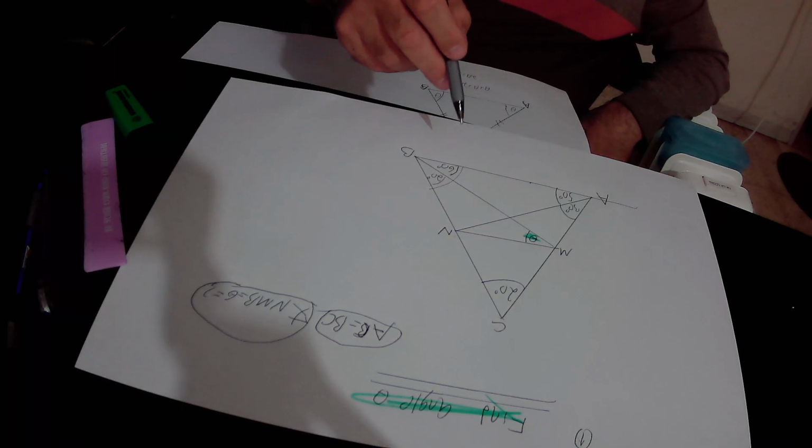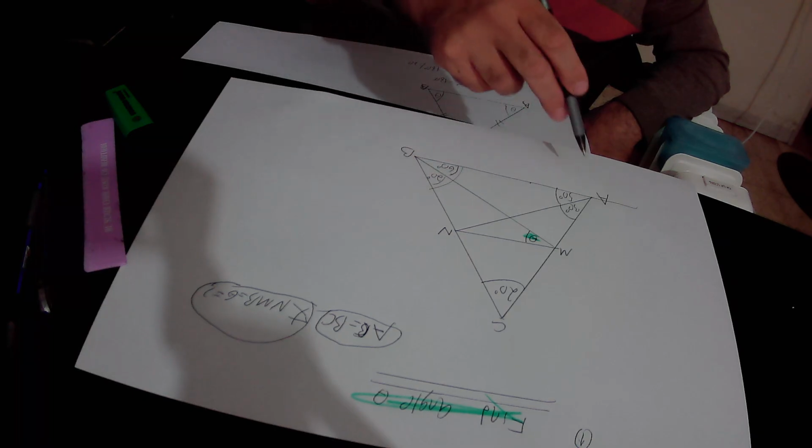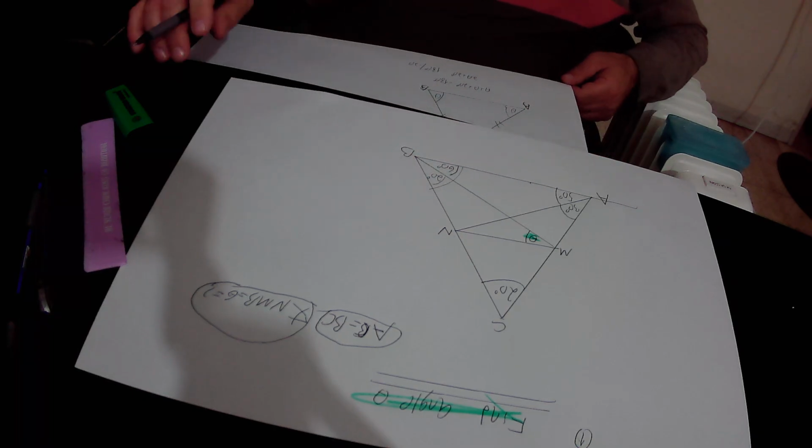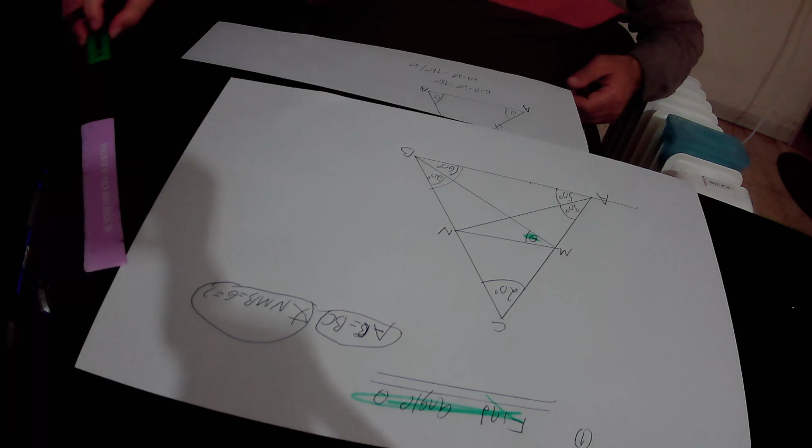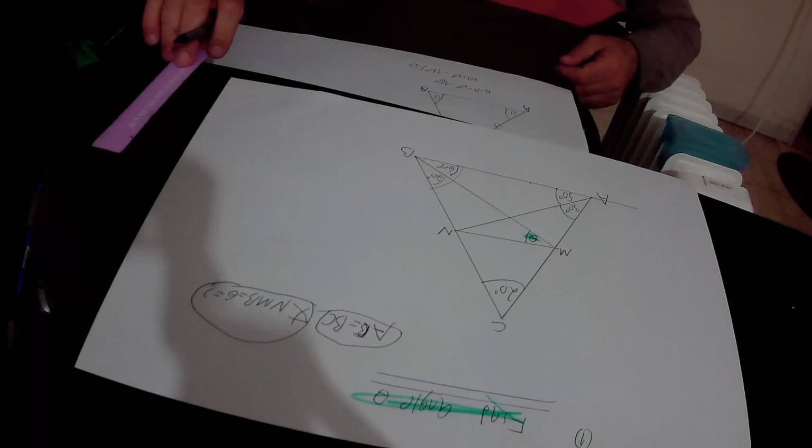In the next step, we will focus on triangle NAB. So I'll copy triangle NAB in a new page.